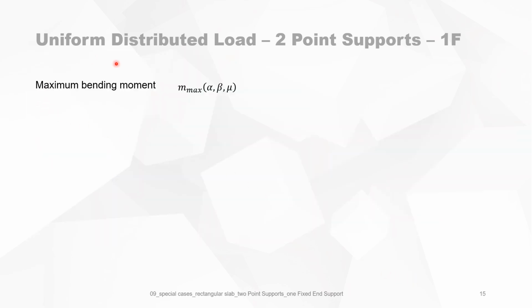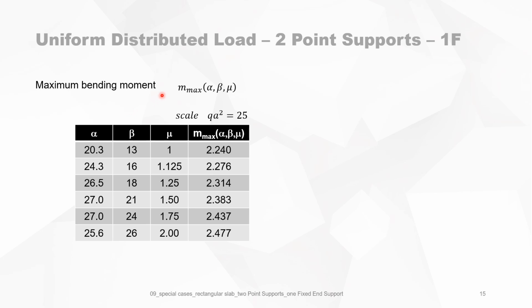We can make this procedure to find the maximum of the bending moment. We have done that now for mu is equal to 1.5, but now we will do the same for mu is 1, 1.25, and so on. For all those different points, we look up the maximum value.